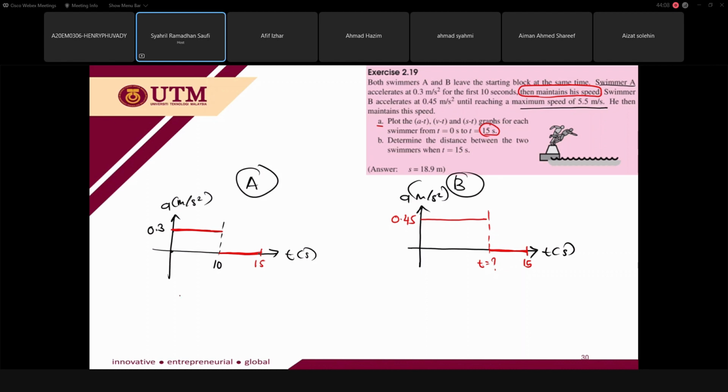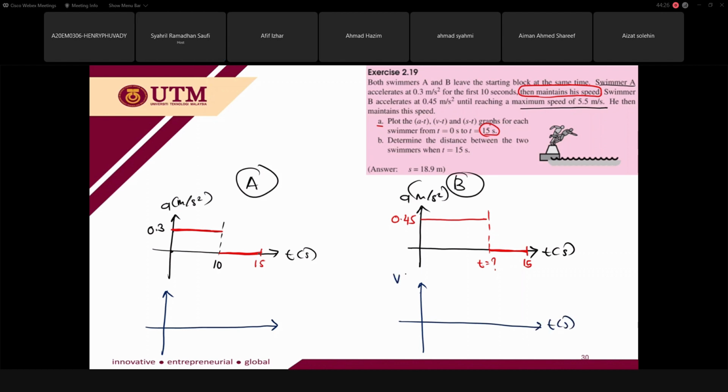Then we go on to the V against T graph for both swimmers. Here should be V in meter per second, and here is time.